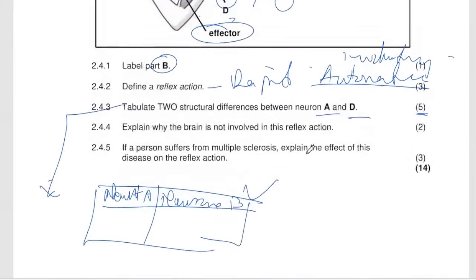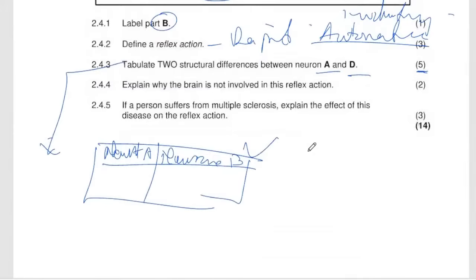They're saying, explain why the brain is not involved in the reflex action. Basically, the brain is slow. It requires thinking before the reaction is brought about, and by that time, the body already has the damage.